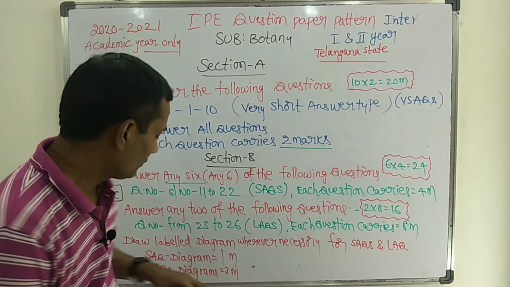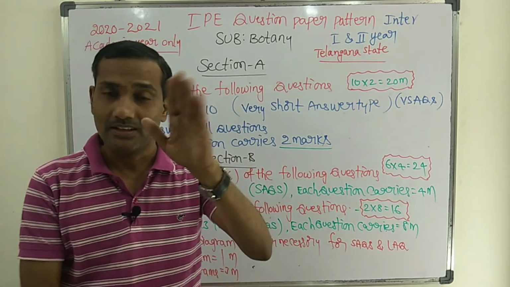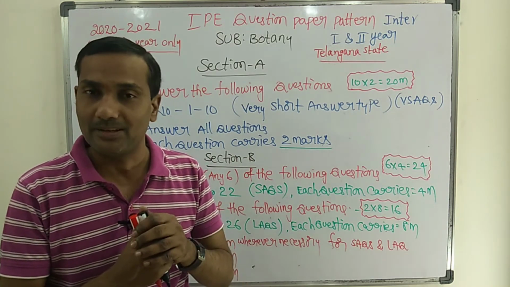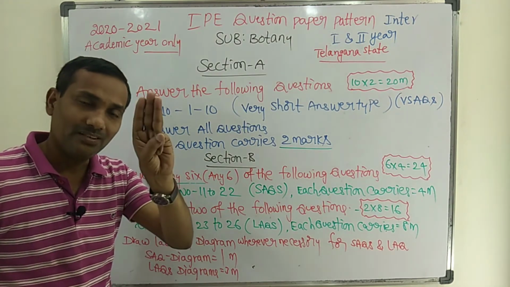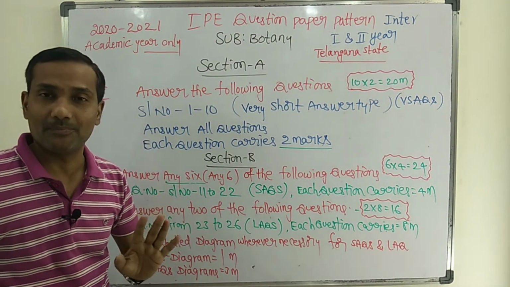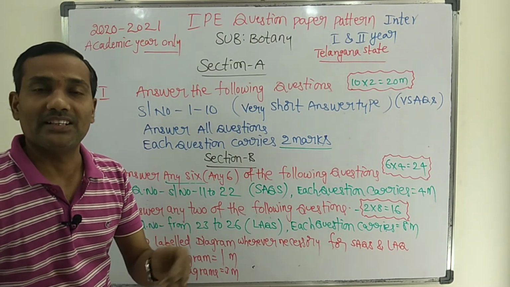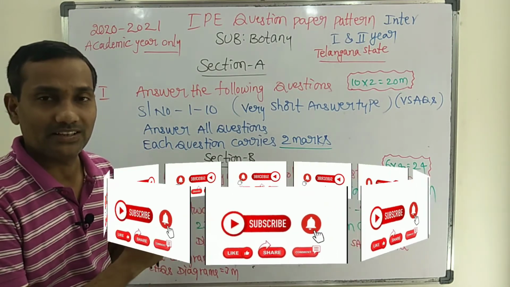For long answer questions, there will be 4 questions and you can attempt any 2. For a diagram in a long answer question, 3 marks; for the description, 5 marks.